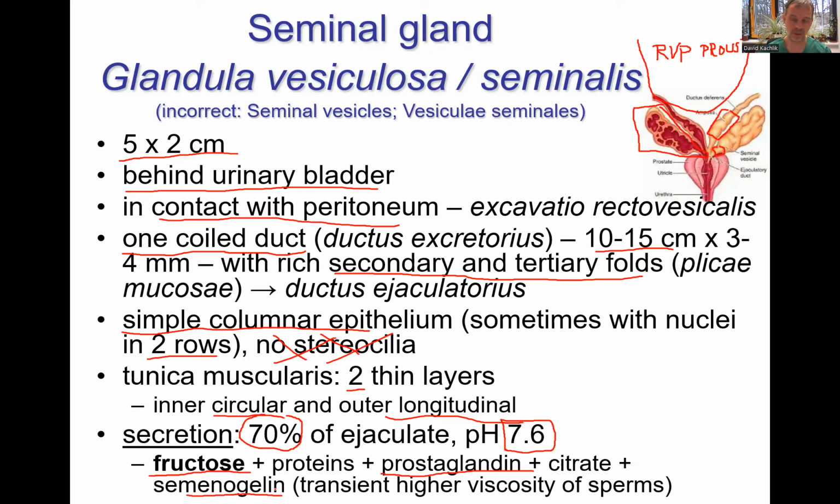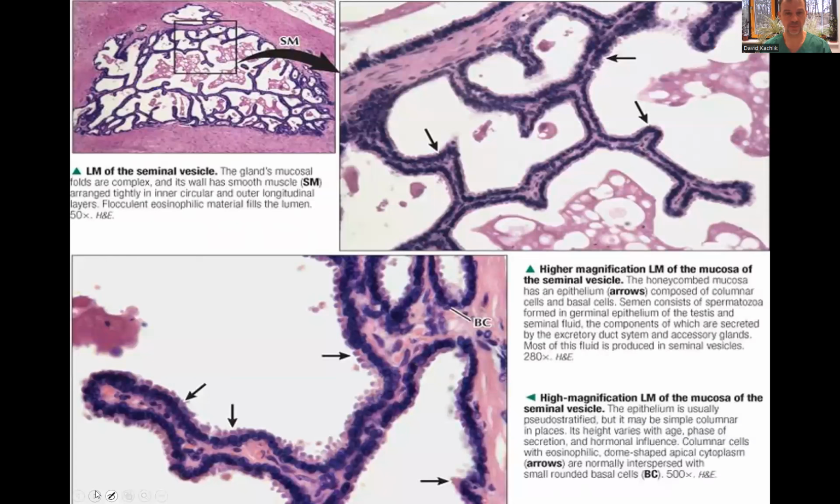So you can see that the function is to produce a vehiculum, so a fluid for the sperms to flow, to give them energy, but to stop their movement, which can be here useless, as it's still inside the male genital organs.